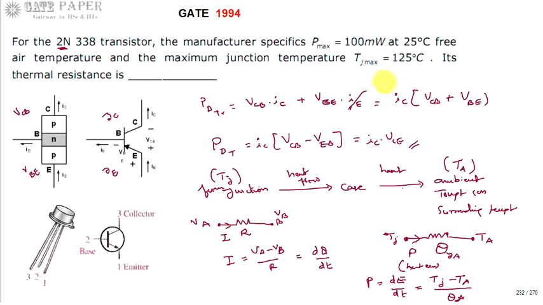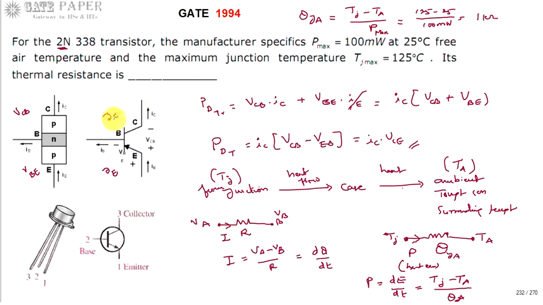So the final expression is theta Ja equals Tj minus Ta divided by P. Here we take the maximum power, with Tj given as 125, ambient temperature 25, divided by 100 milliwatts.